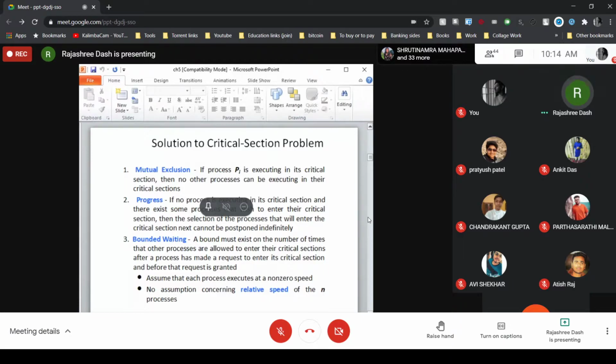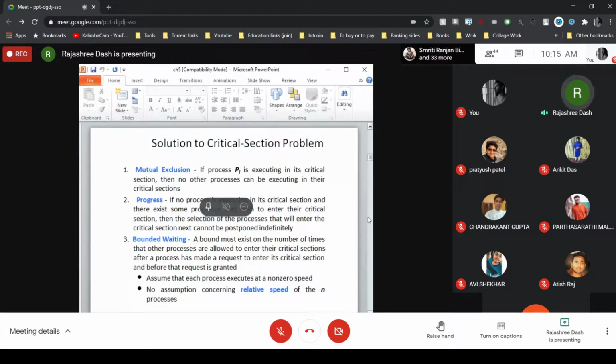One is mutual exclusion, another one is progress, and the third one is bounded waiting. So remember, a solution to the critical section problem must satisfy all three requirements: mutual exclusion, progress, and bounded waiting. Now what is mutual exclusion?